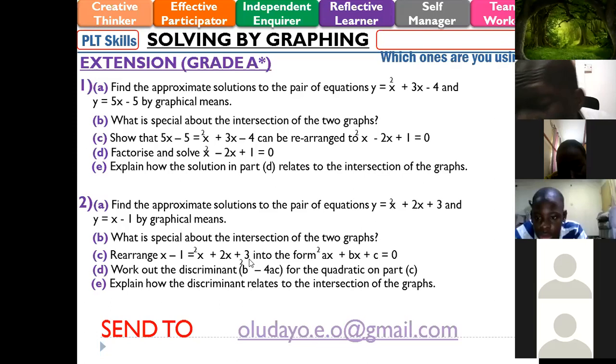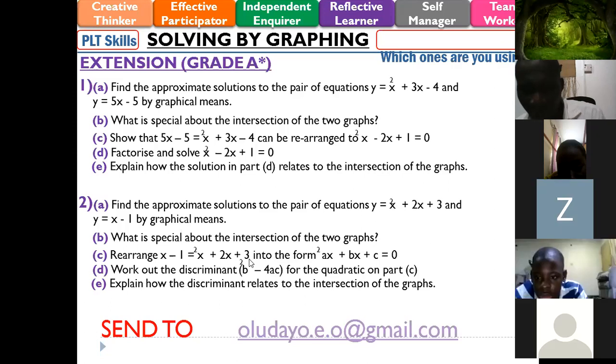I've told you the answer. Do the graph. Let me just see how it looks. You will screenshot it now and send it to me. Most of you have been doing that. Click on the graph sheet and send it to me. So we should screenshot it? Yeah, screenshot it.